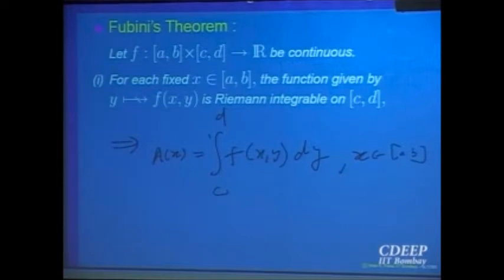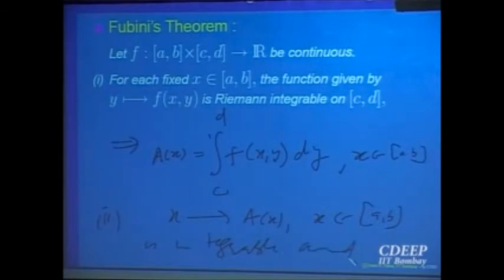The claim says that the second step is that the function x going to A(x), for x belonging to [a,b], is also integrable. This becomes a function of one variable again. This is also integrable, and this integral is same as the double integral of the function.